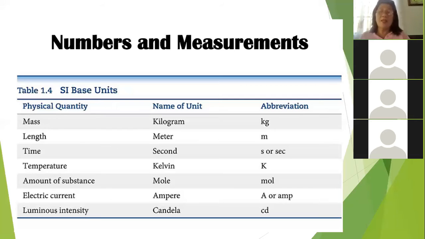But nowadays, that mile is the nautical mile, used if you are going to travel on air and on water. If you ride an airplane, the distance traveled is by means of nautical miles. If you ride a ship, it's by means of nautical miles. But if you're going to travel by land, of course, it will be in terms of kilometers.